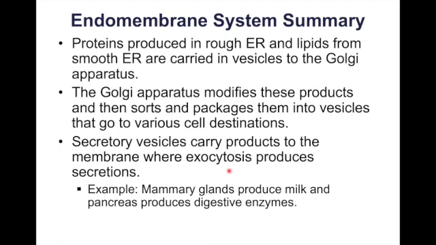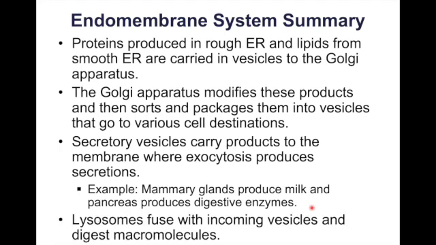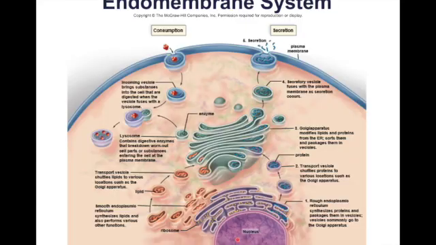Endocytosis is coming in. Example, mammary glands producing milk and pancreas producing digestive enzymes getting exported outside those cells. And then the lysosomes can fuse with incoming vesicles and digest macromolecules, or they could fuse with things that are already in the cell, like digesting broken down and non-functioning organelles. And then here's an overall picture of everything, showing what they do, kind of where they're located. Nice little resource for you.